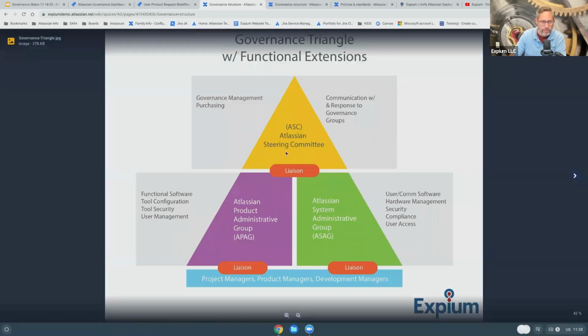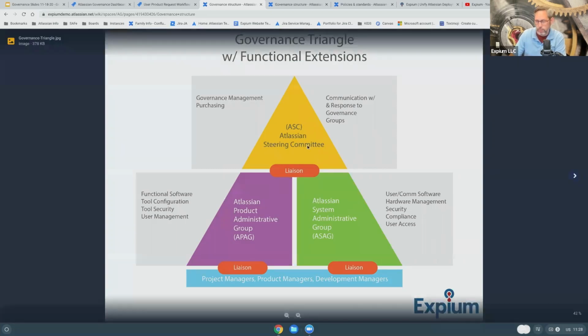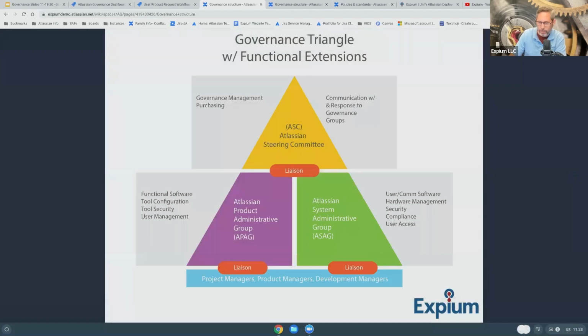So we have the Atlassian Steering Committee. That's the top governing body. Let's say you have 1,000 to 2,000 users. Your Atlassian Steering Committee is going to be comprised of maybe 3 to 5 people. One person is going to have to be an executive who can make big decisions and write big checks. Another person is going to be your key Jira admin or lead Jira administrator, as well as maybe some high-level division heads.